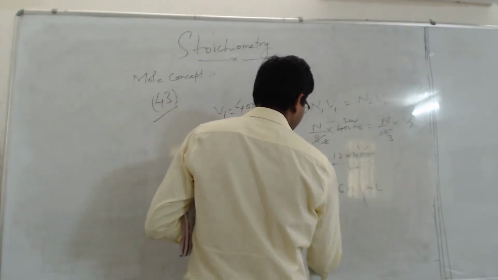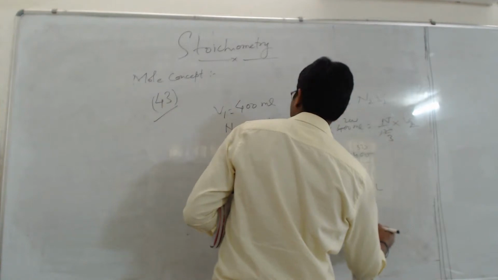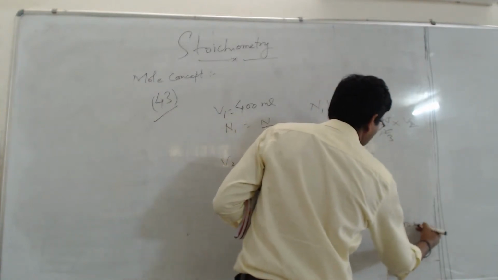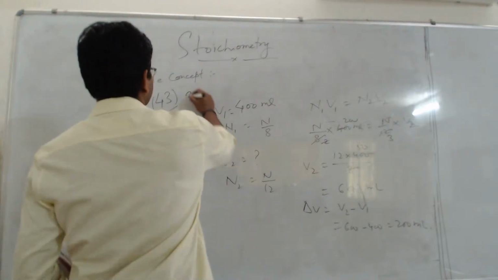So volume to be added is delta V equals V2 minus V1. That is 600 minus 400. So 200 ml volume has to be added. So the correct option for this is third.